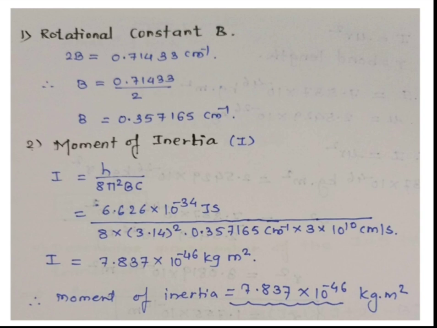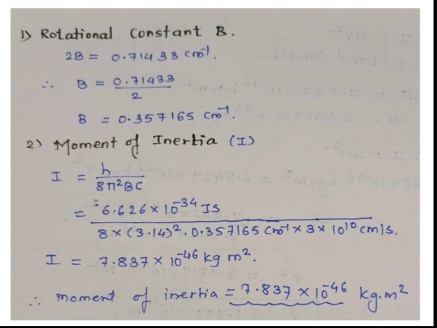Then the next point of today's problem solving is the moment of inertia, that is capital I. And the moment of inertia capital I can be calculated by using this equation: I is equal to h upon 8 pi square Bc. H is Planck's constant whose value is 6.626 into 10 raised to minus 34 joule seconds, divided by 8 into pi square.